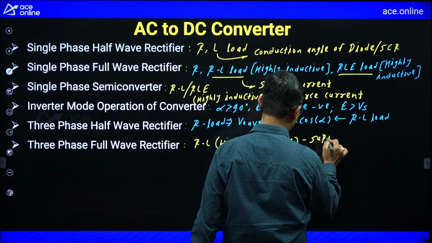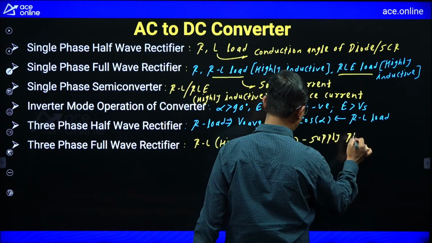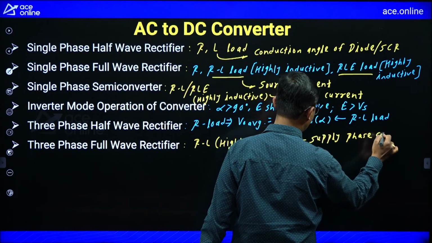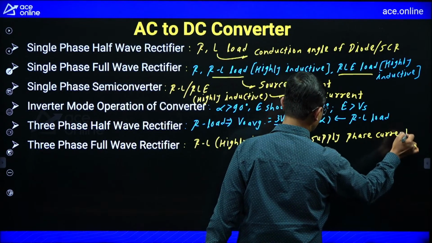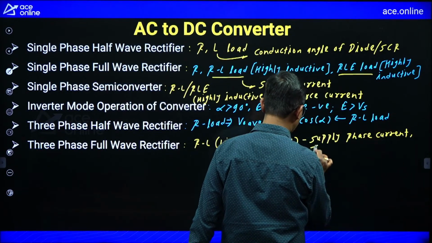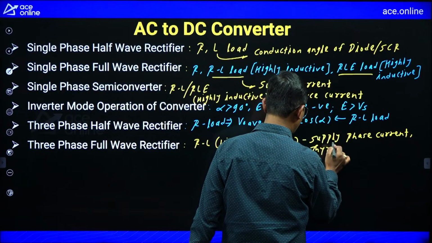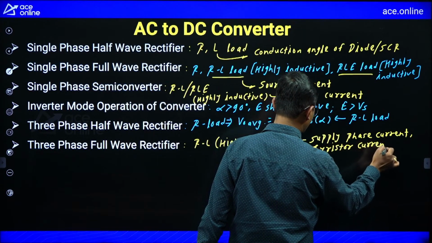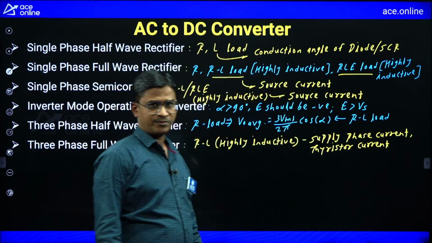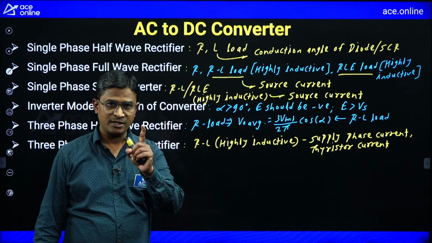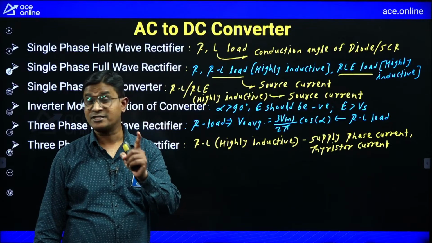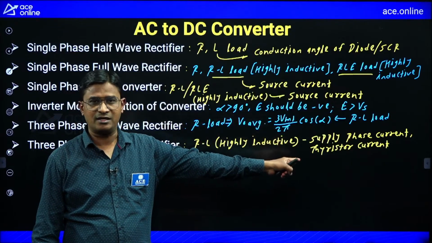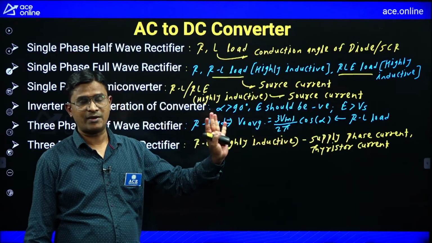The supply phase current waveform and the thyristor current waveform, these two waveforms are important. Straightforward, based on those waveforms and the expression of the RMS value of that current, they have asked questions.